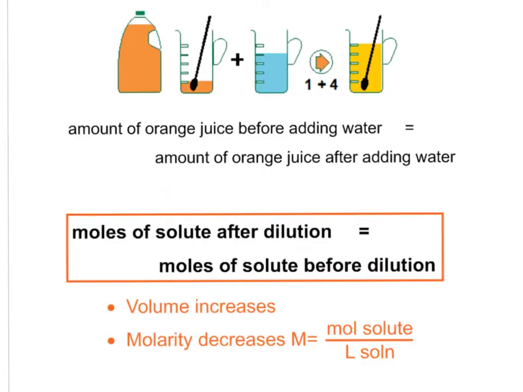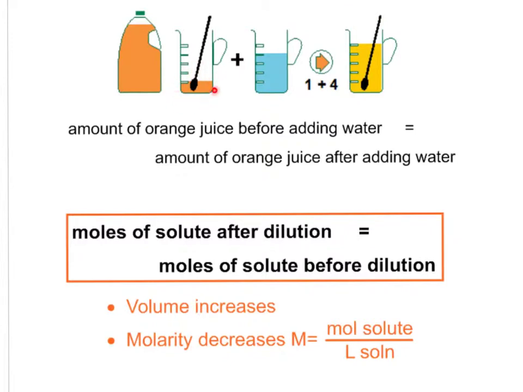So if you've ever taken concentrated orange juice and made a pitcher of juice out of it, first you put the concentrated orange juice in your container, you add a bunch of water, and voila, you get your diluted orange juice.